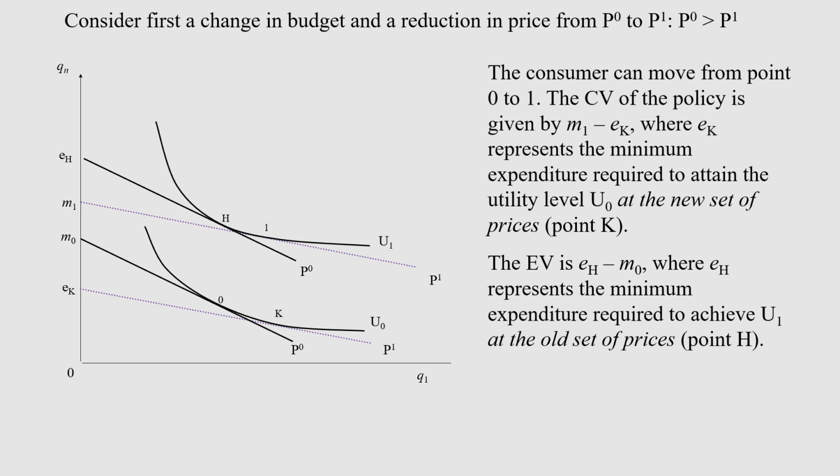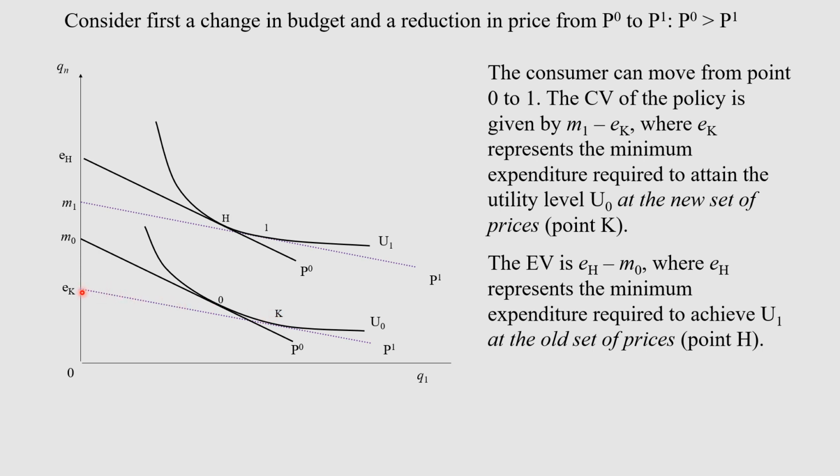If the consumer is at point 0 and has a right to 0, then we can calculate the compensating variation of the policy, and that is given by M1 minus EK, this difference here, where EK represents the minimum expenditure required to attain utility level U0 at this point K, so at the new set of prices.